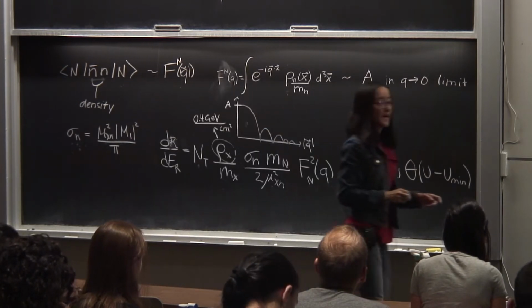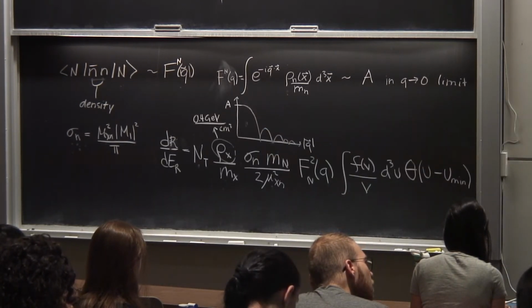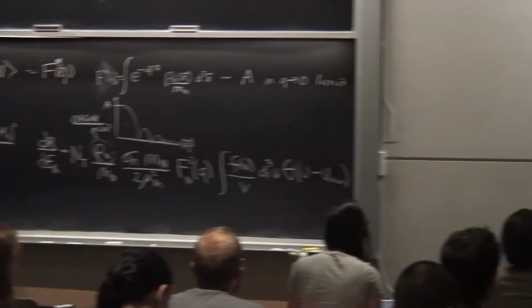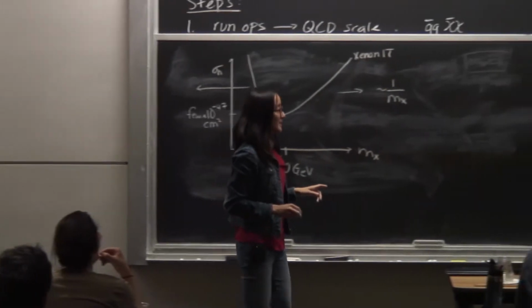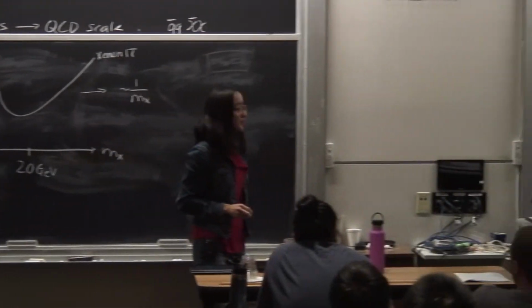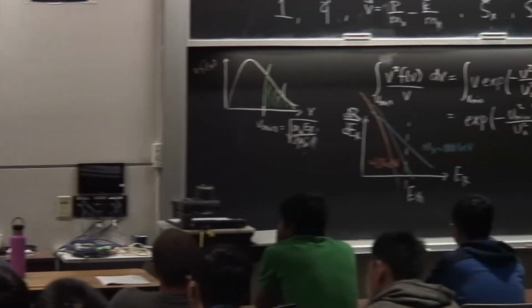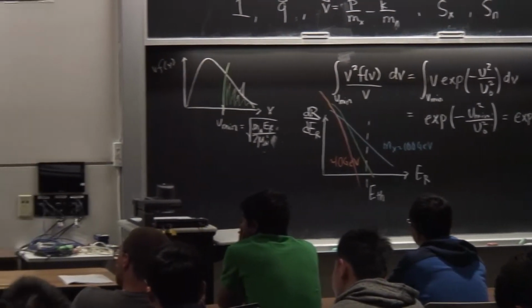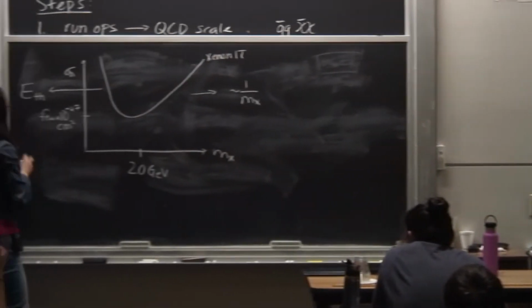So they drop off in the high mass regime as 1 over mx. And we've seen why they also drop off in the low mass regime. It's due to this fact that we get an exponential suppression, where the scale decreases as we decrease the dark matter mass. And then it drops below the threshold.